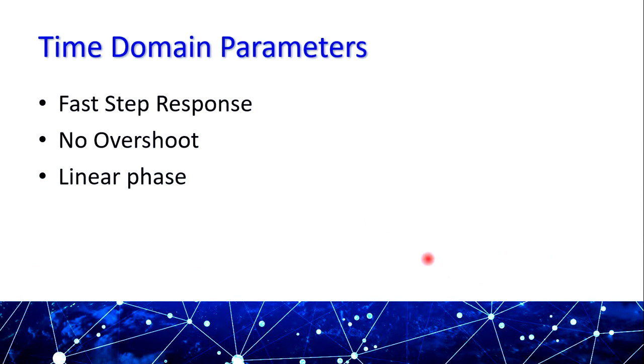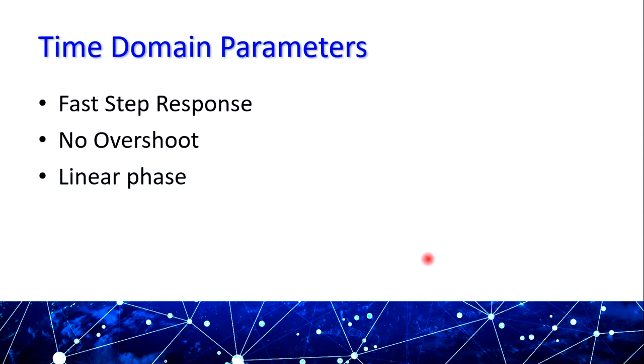In time domain, we have three parameters that we should check to see whether we have designed a filter with a good response or not. So to have better performance, a filter should have fast step response, no overshoot.